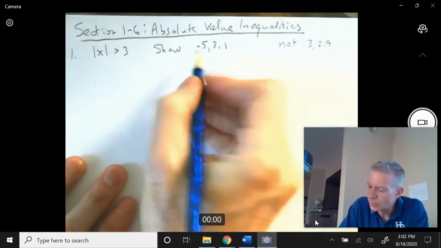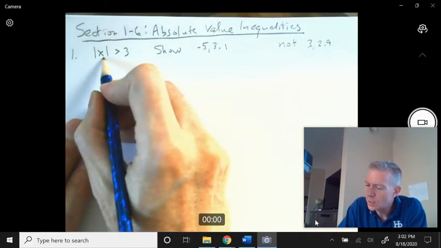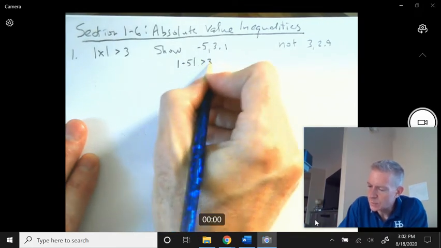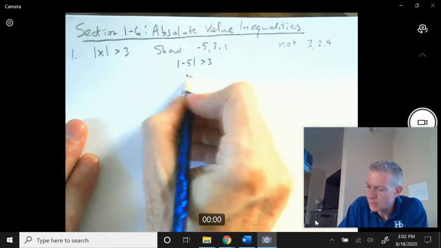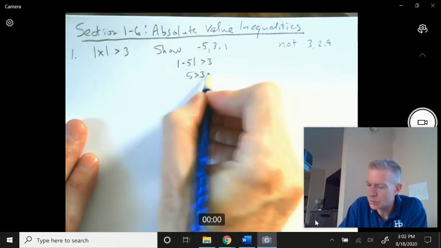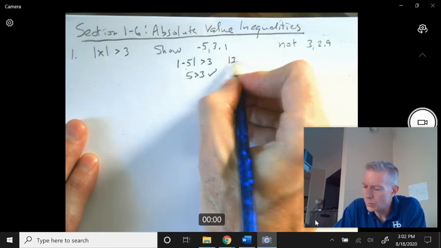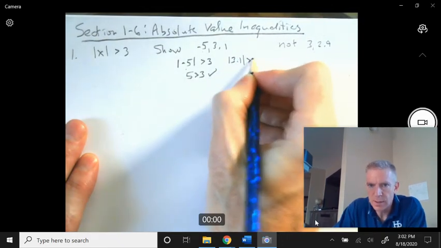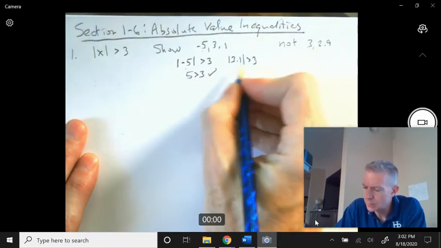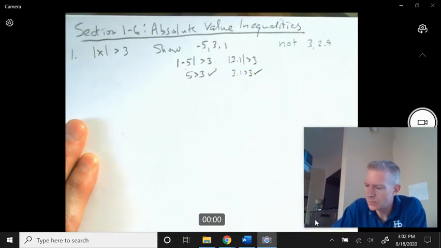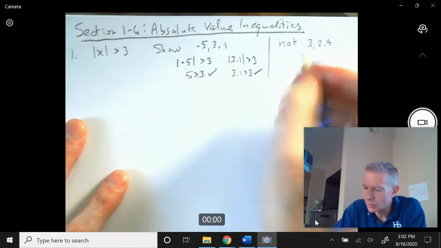If we plug in -5 for x, we get absolute value of -5 is greater than 3. Absolute value of -5 is +5. 5 is greater than 3, and we know that's true. Plugging in 3.1, absolute value of 3.1 is 3.1, greater than 3. That's true also.